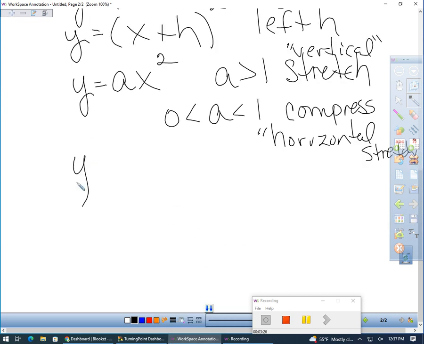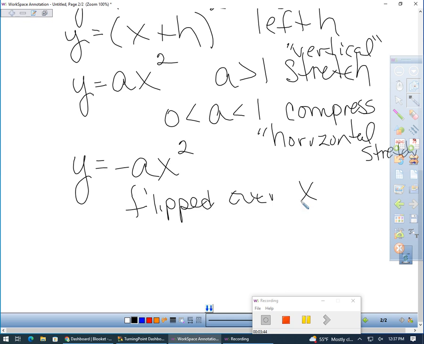Now, when we had y equals negative a x squared, that negative in the front of the function did a what? Yes, it flipped over x. Alright, so here is the only one we haven't talked about yet: if I have y equals a (negative x) squared.